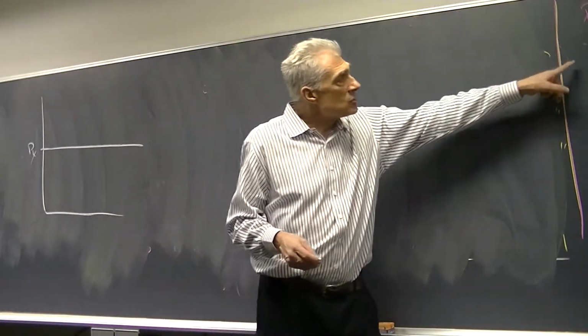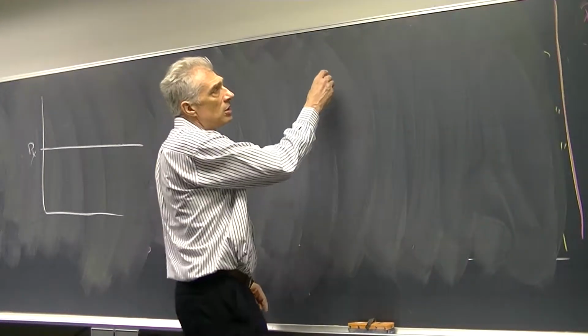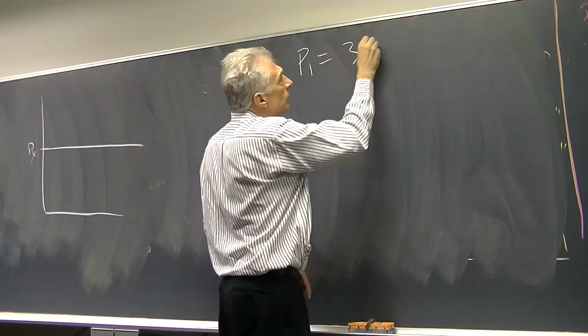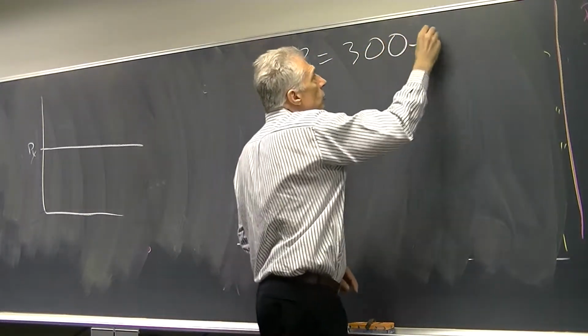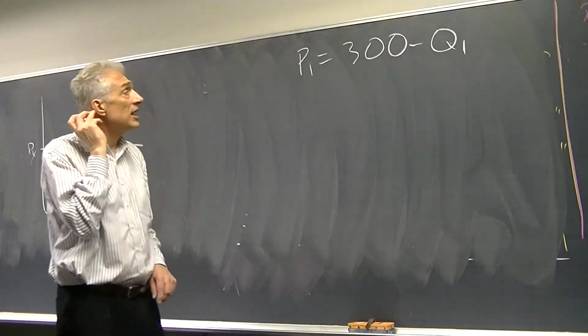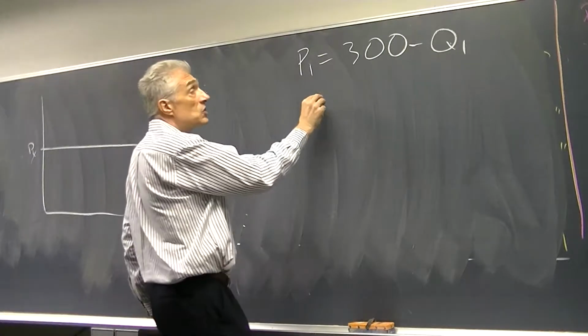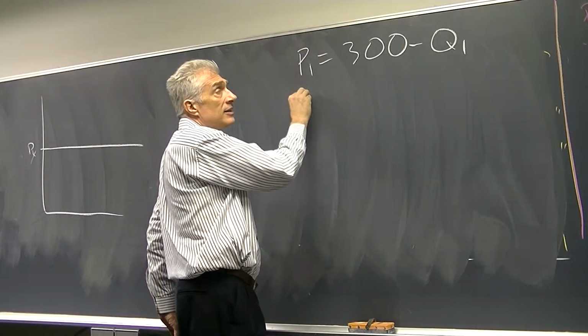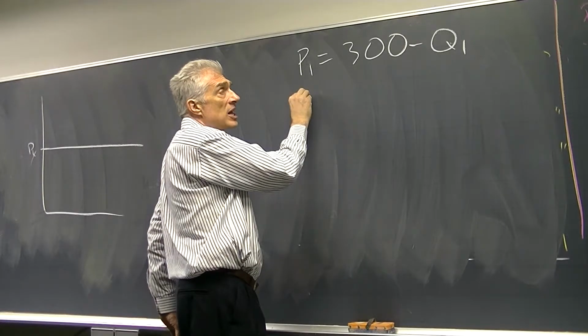So this is under monopolistic competition, and it's P1 equals 300 minus Q1 in the range 0 to 50. We have to remember that range, because that's the limit in that space.